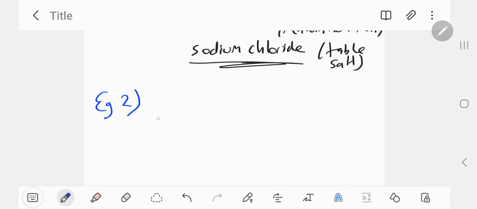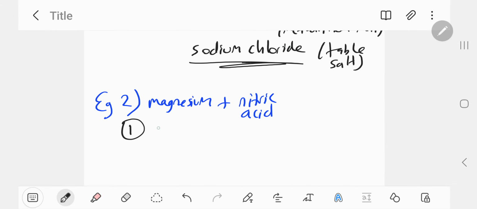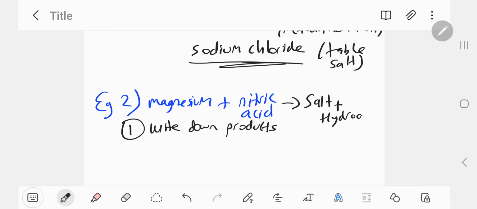Let's do another example. Example 2. Suppose I have magnesium and nitric acid. Okay, once again, let's write down the products. The first step is to write down salt and hydrogen gas, or just hydrogen works as well.